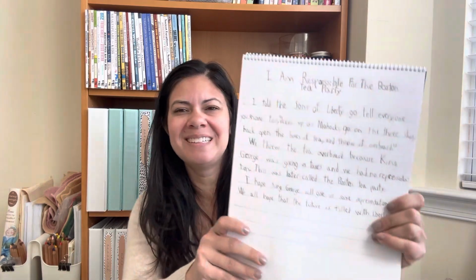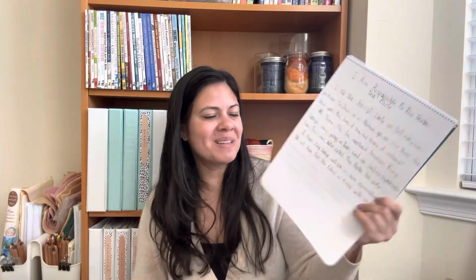Dress up as Mohawks, go on the 3 ships, hack open the boxes of tea, and throw it overboard. We threw that tea overboard because King George was giving us taxes, and we had no representation. This was later called the Boston Tea Party. I didn't finish reading all of it, but that was what he wrote. So super cute. He really enjoyed that.